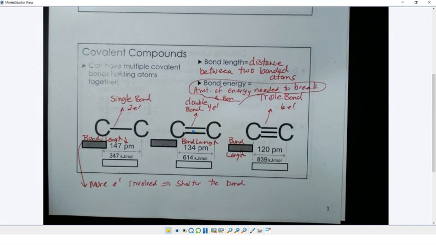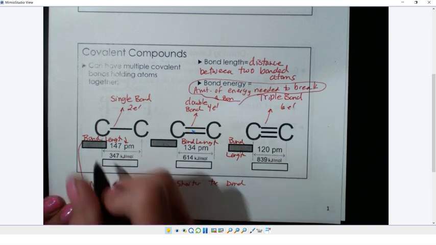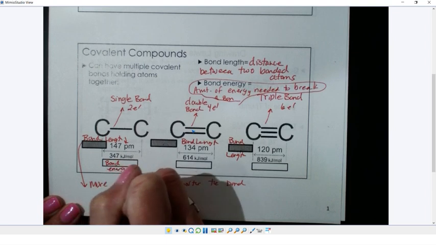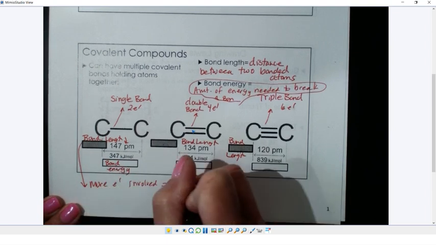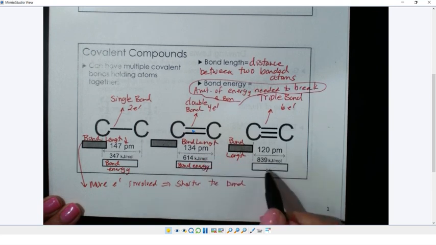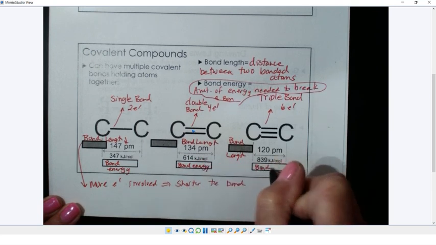So bond energy is measured in kilojoules per mole. So joules and kilojoules, that's just a way to measure energy. So in each one of these, you can do bond energy. And this is representing bond energy. And this is representing bond energy.